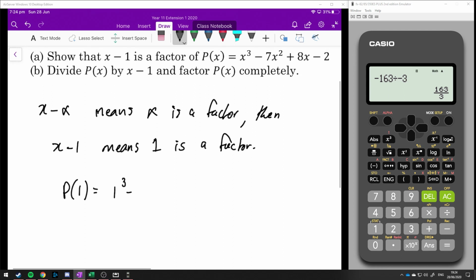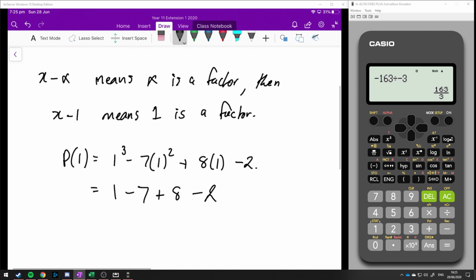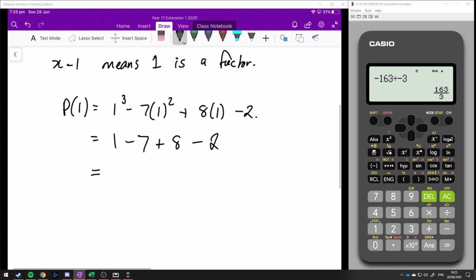So it's going to be 1 cubed minus 7 lots of 1 squared plus 8 lots of 1 minus 2. And now because I'm lazy, we'll do this one. So 1 cubed is equal to 1, minus 7 plus 8 minus 2. Okay, so 1 minus 7 is minus 6, plus 8 is equal to 2, minus 2 is equal to 0.